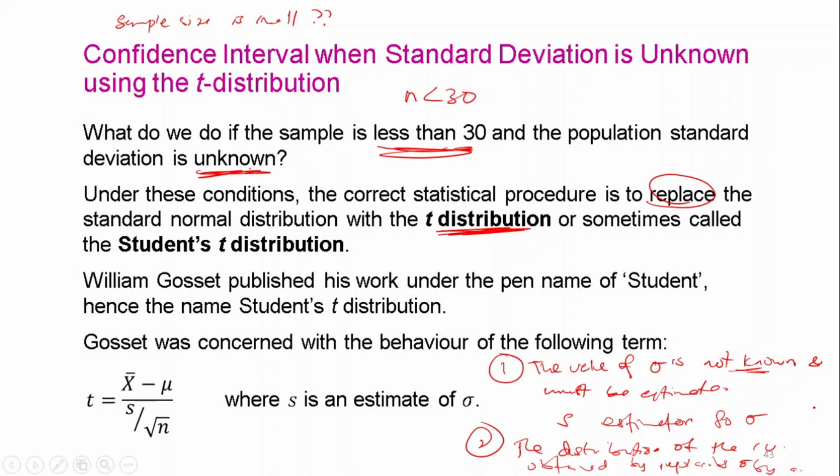So in this part you replace the standard deviation with S divided by root n. For Z, we know that it is X minus the mean, divided by the standard deviation. But since our n is less than 30, we use T. So our standard deviation should be replaced by S divided by root n.